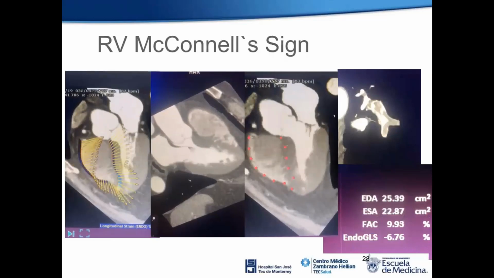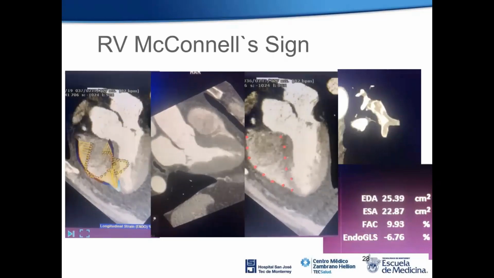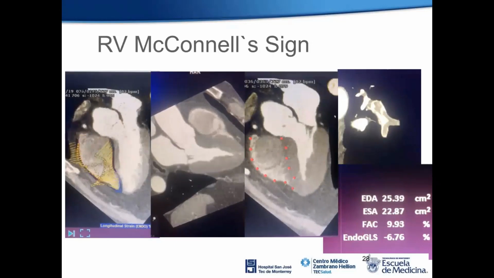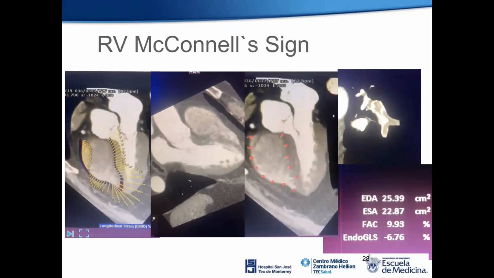There you get to see that the apical right ventricular wall is preserved, which is a McConnell sign, and there's the abnormality on the RV free wall with a very low global longitudinal strain, which is a prognostic factor.